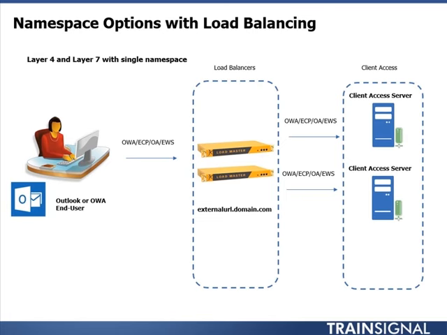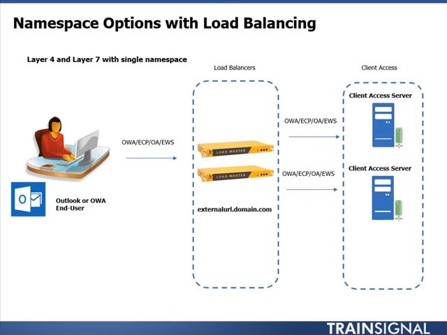Now, if you're using layer 4, the most basic and most restricted, but the easiest method for hardware load balancing, and the more cost-effective one depending on the type of load balancer you're using, the setup is basically a single namespace that will load balance all of the traffic for all of the different protocols. And you can see OWA, ECP, Outlook Anywhere, EWS, and you can see that it can handle the balancing on the back end for the client access servers.